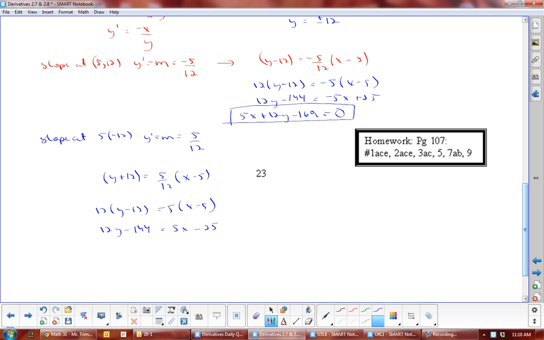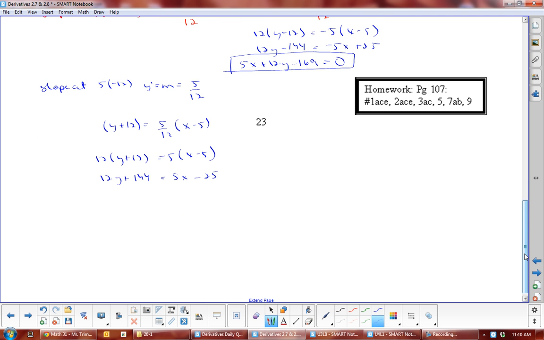Oh, crap. That should have been a plus 12, because I put my negative 12 in this time. What am I doing here? Okay, so then I will get negative 5x plus 12y plus 169 equals 0. We shouldn't have a negative in front of the first one, so it'll be 5x minus 12y minus 169 equals 0.